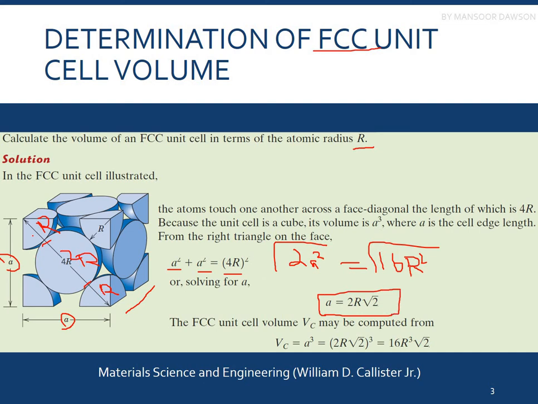Now we know that the volume of a cube is a cubed, since all these sides are equal. Putting in this edge length, we get 16 r cubed root 2. So this is the unit cell volume of an FCC crystal structure.